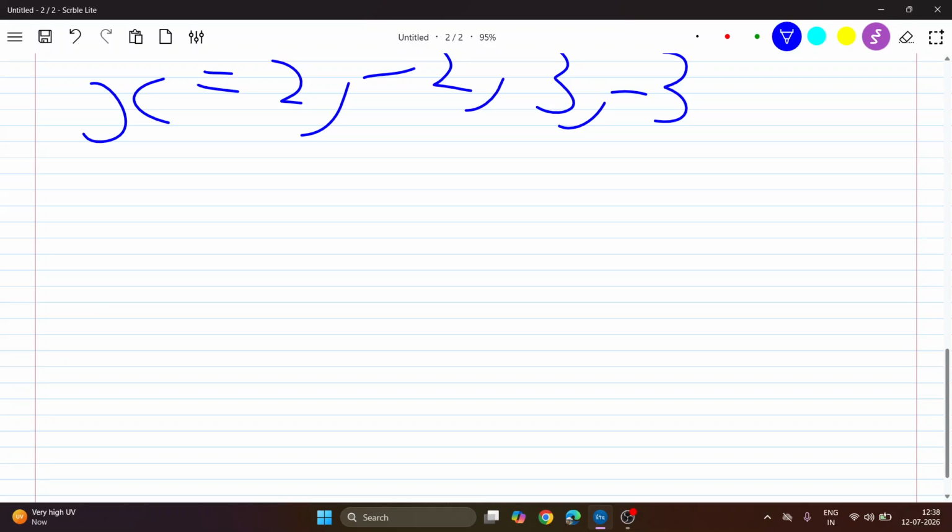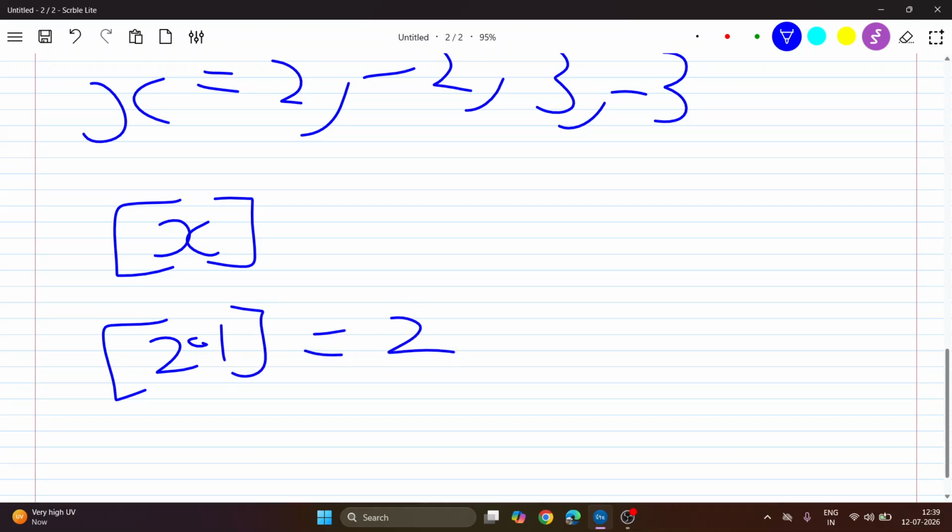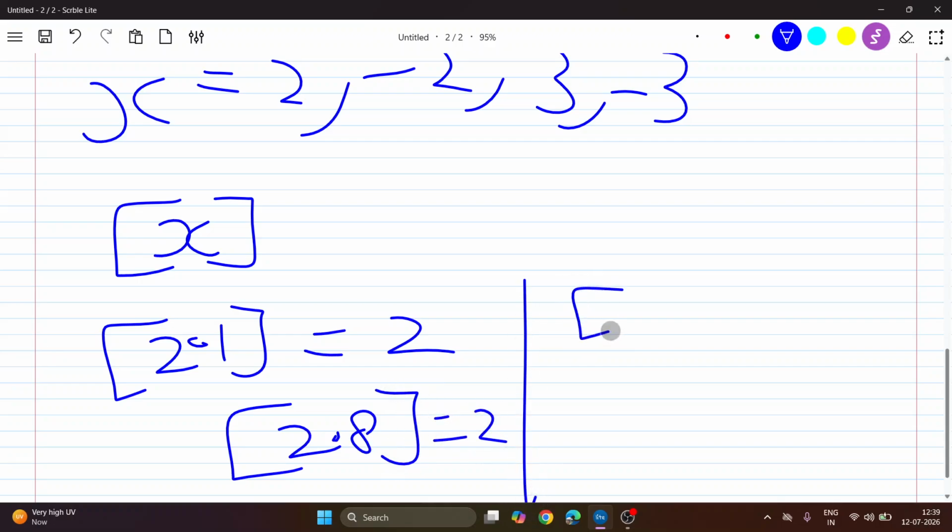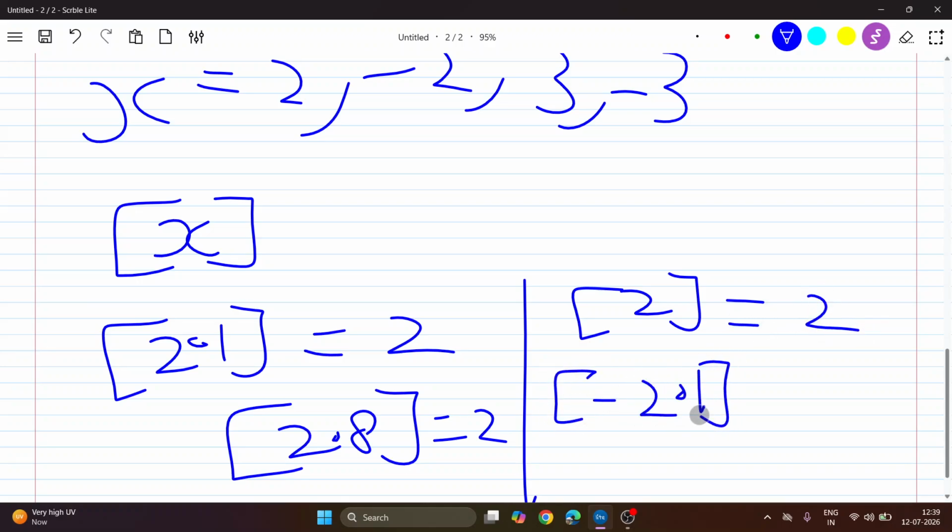So now let's get into the greatest integer function. So now what we're trying to do is we're trying to eat this part. If it's positive, you eat this part.